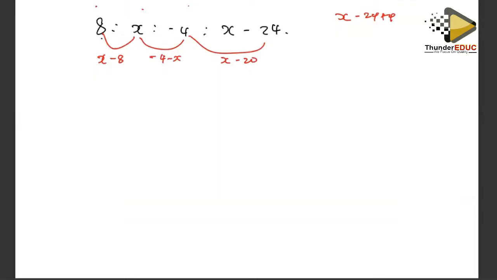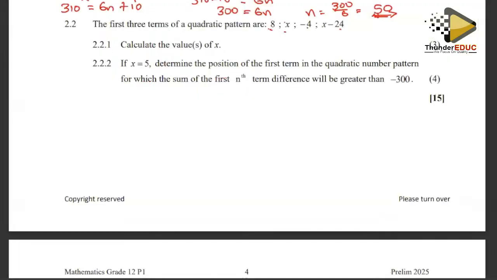Then I need to get the second difference here. So it's going to be negative 4 minus x, minus, you put brackets for that, and then here x minus 20 minus, insert brackets there. Okay, so this is our second difference. We know that the second difference must always be the same, so I'm going to equate. The question is asking for x.